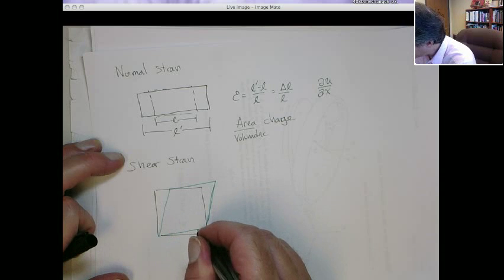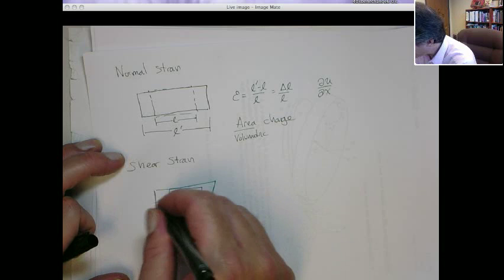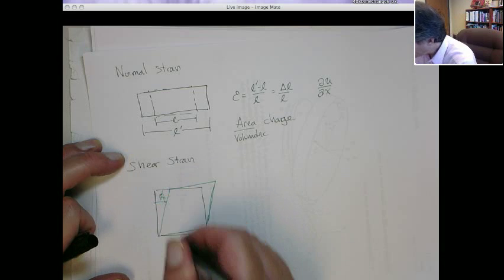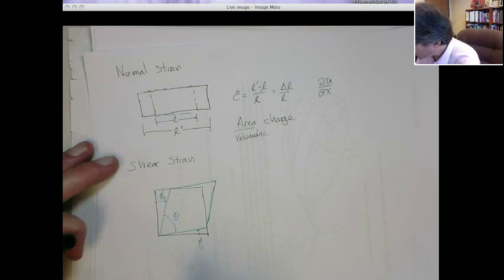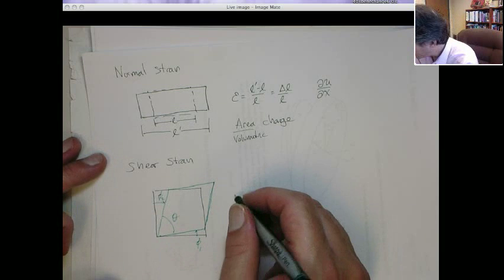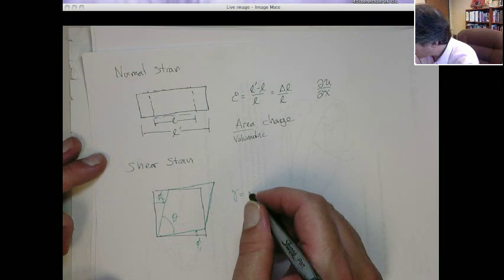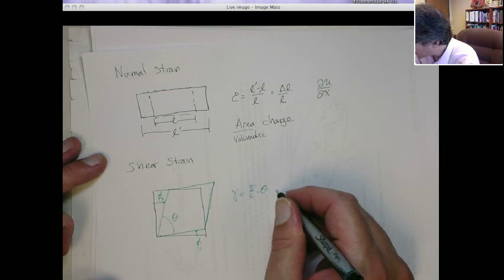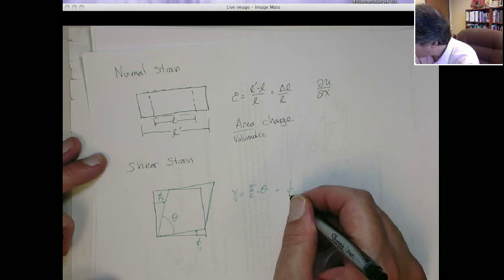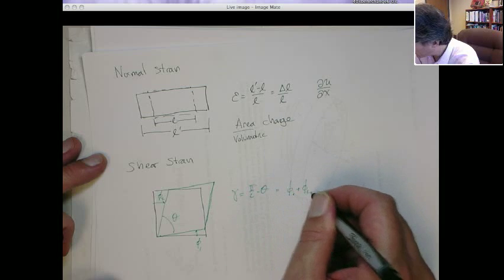Here's theta 1, and here's theta 2. But the shear strain is how much this included angle is changed off of 90, right? So the shear strain is pi on 2 minus theta, but you can see that that's the same as phi1 plus phi2, okay?